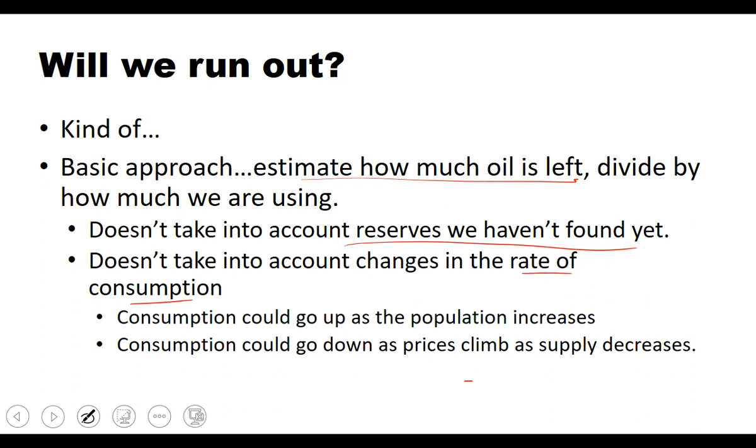If it costs you $100 to fill up your car, you might drive it less because it's so expensive. Those are a couple of things about the basic approach. You're going to do the basic approach in your homework, but keep in mind that it's not taking into account these things.